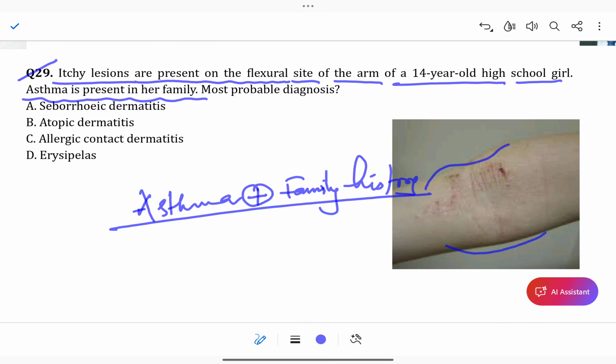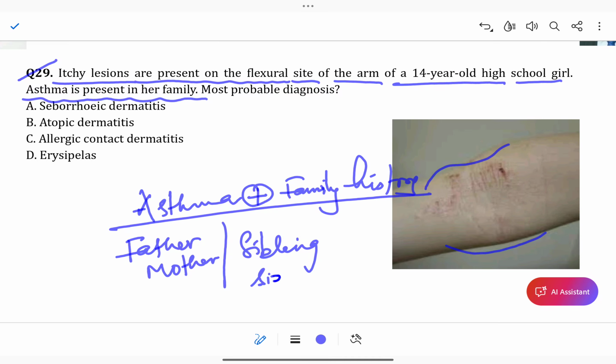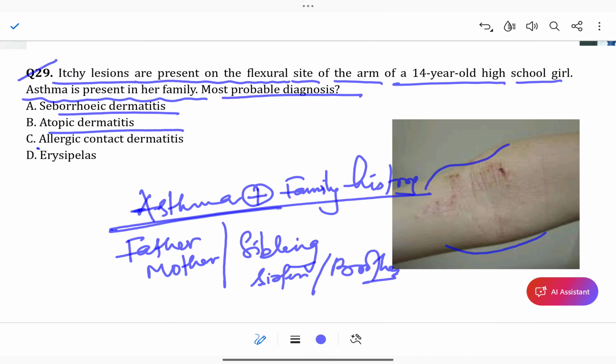It means it might be possible that either father, mother, any parents or siblings, brother or sister, anyone has asthma in the family. Most probable diagnosis: seborrheic dermatitis, atopic dermatitis, allergic contact dermatitis, or pityriasis rosea?